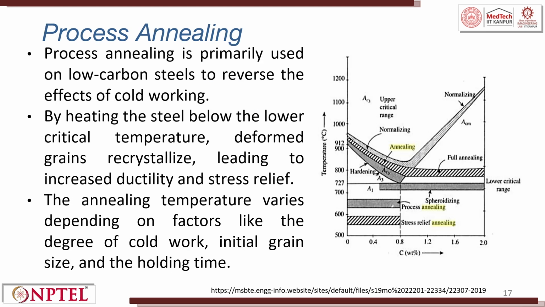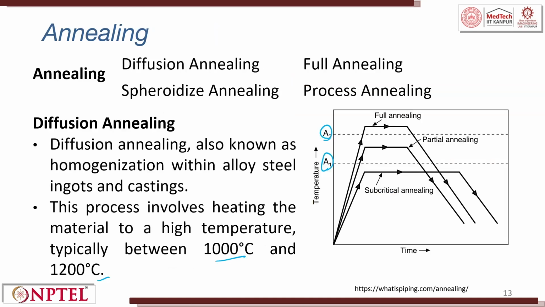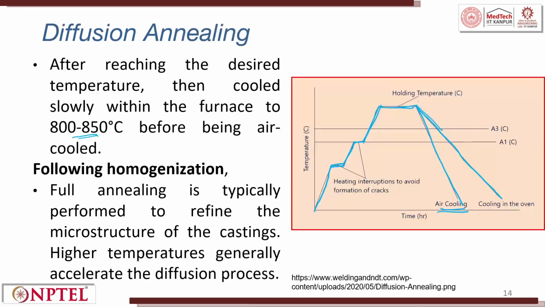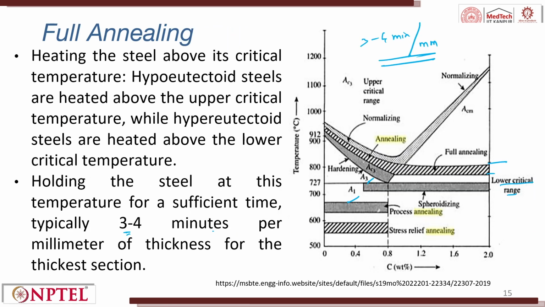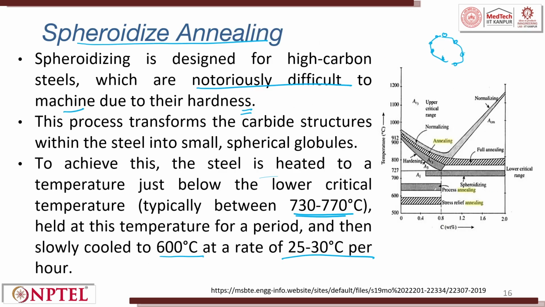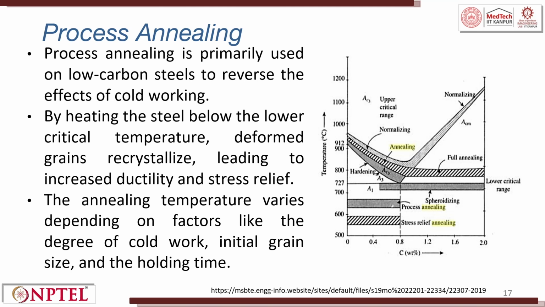Process annealing. If you go back, there are 4 annealing processes: diffusion annealing, spheroidal annealing, full annealing and process annealing. If you look at process annealing, the temperature happens here. Process annealing is primarily used for low carbon steel, right.